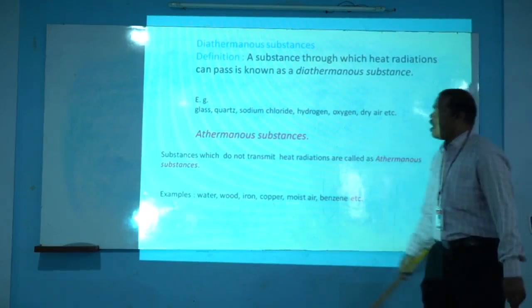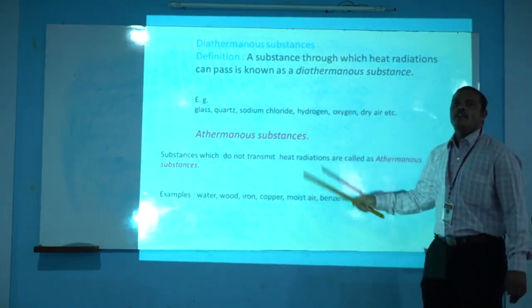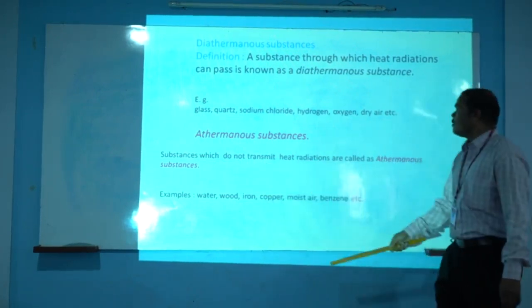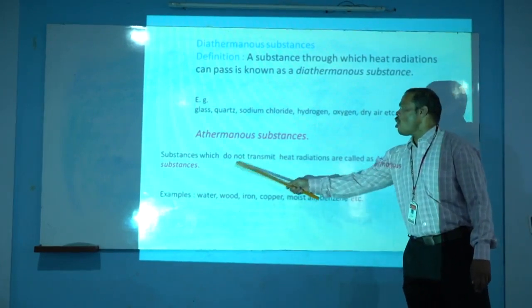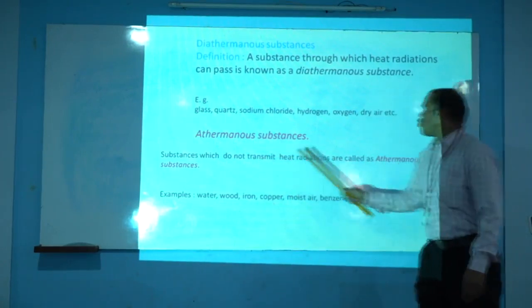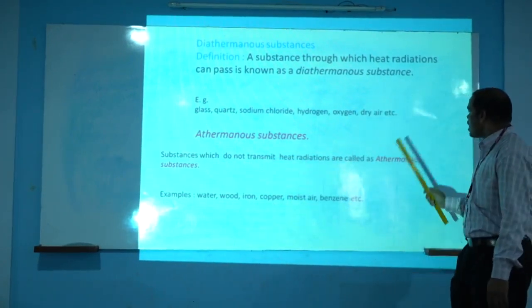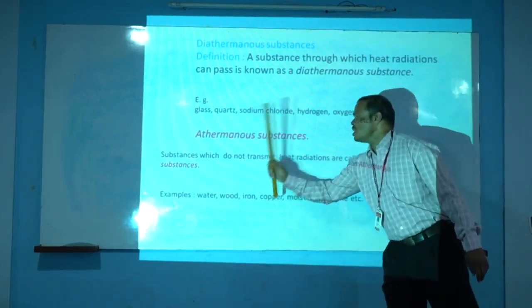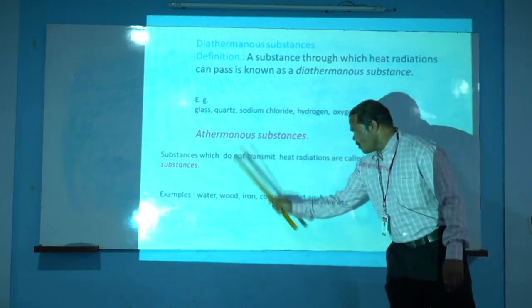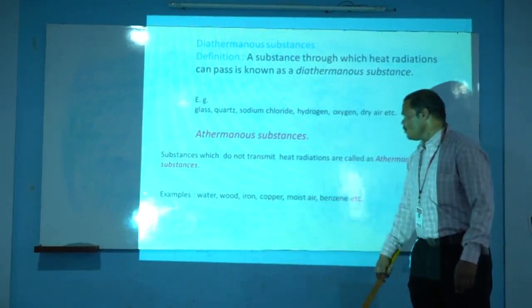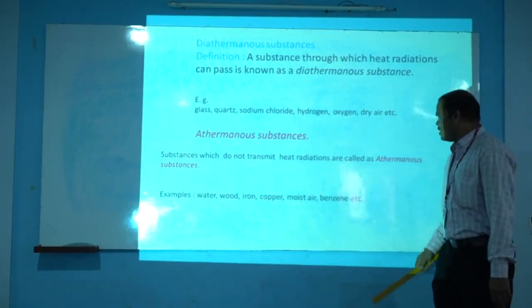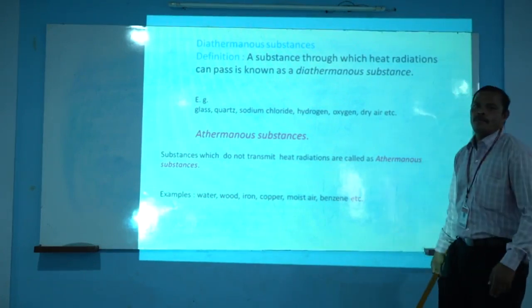Or in other words, the substances which are opaque, meaning they are not transmitting heat radiations, are called athermanous substances. Examples of athermanous substances are water, wood, iron, copper, moisture, benzene, etc.